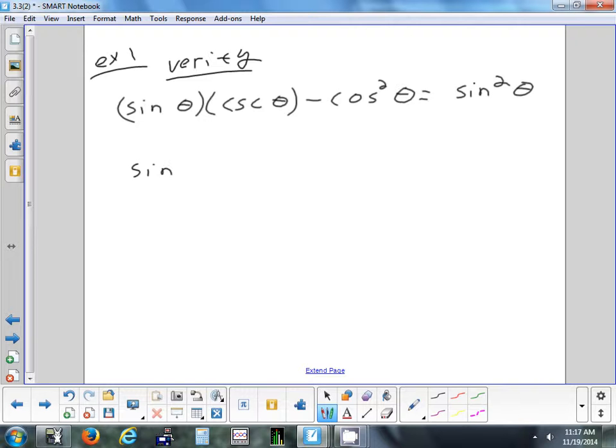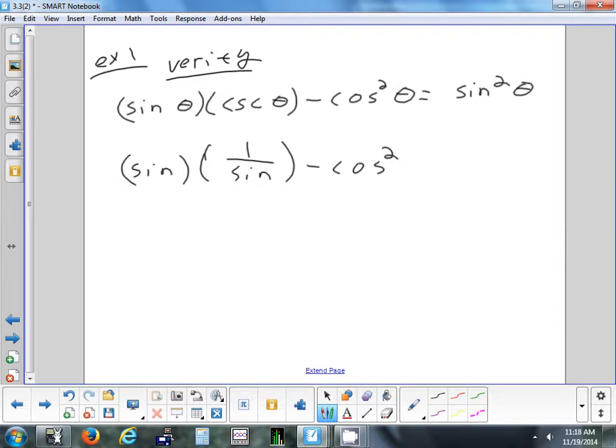What do you want to change it to? As I said before, at this point I'm not going to write the argument anymore, just to save us a little writing, but the argument is understood to be there. Okay, so we have sine times 1 over sine minus cosine squared.